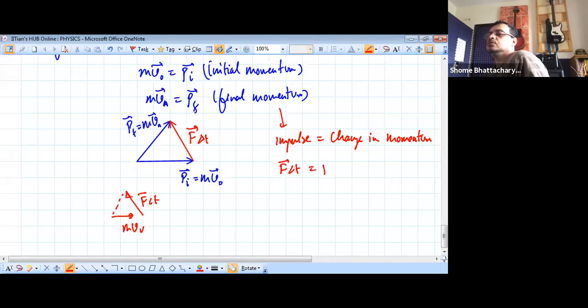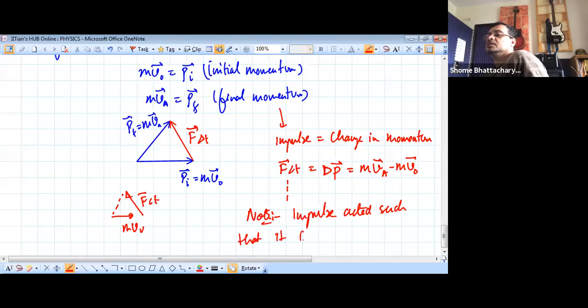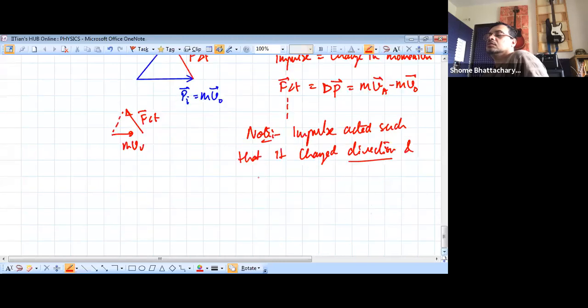So this is equal to delta P, which is, in this particular case, the impulse acted such that it changed the direction and the magnitude of momentum.